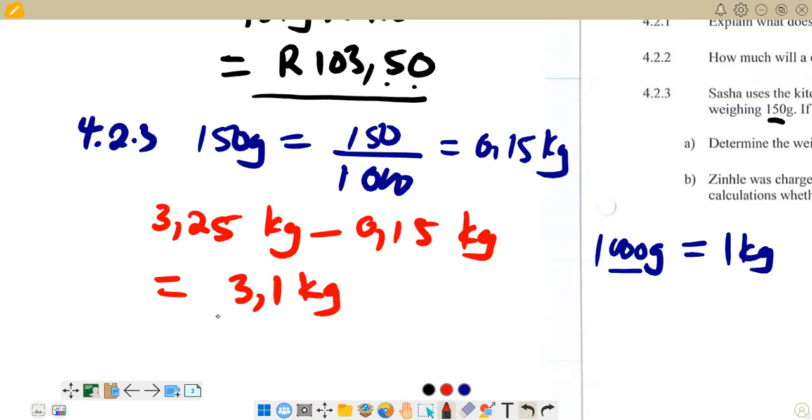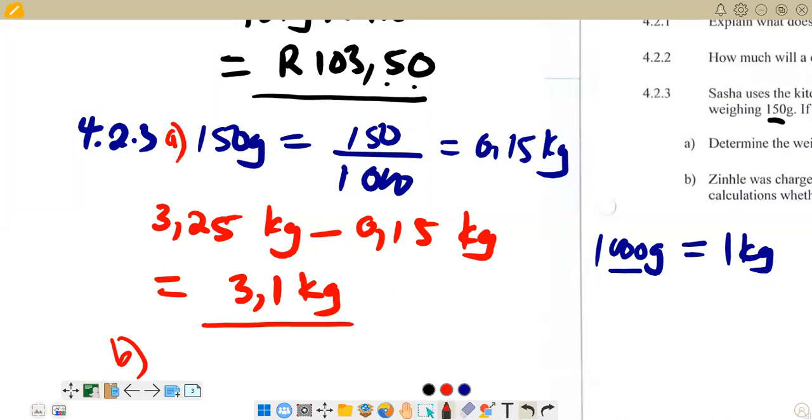So this represents now the weight in kgs of the meat. Then this is the first part, which is A. So obviously we are going to B now.